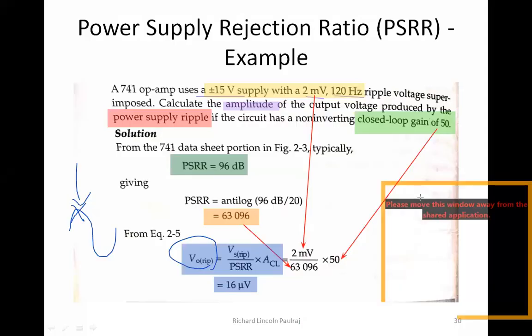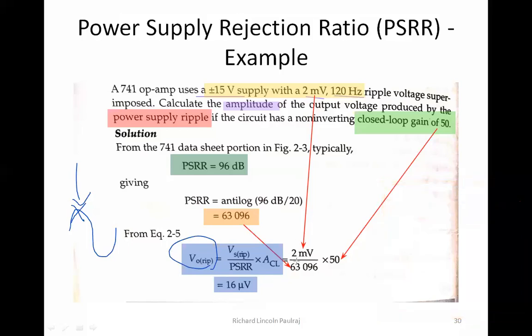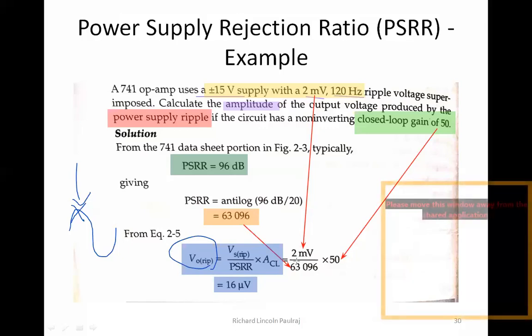Ultimately, you look at what formula is needed and how you're going to fill in the values. Any doubts here in this problem? Is it fine? Yes, sir. Now moving on.